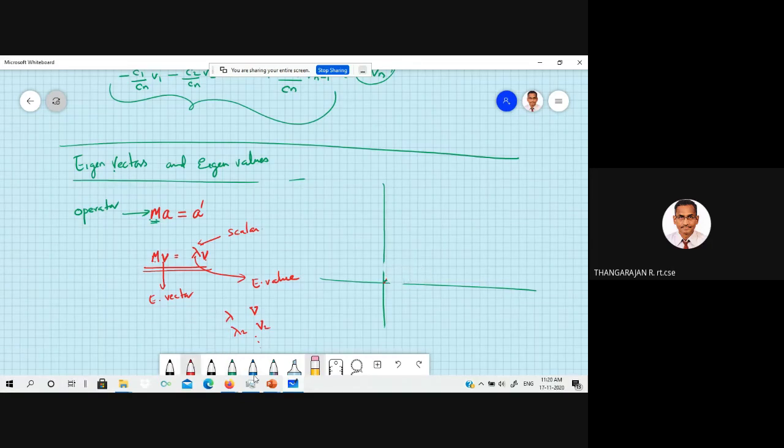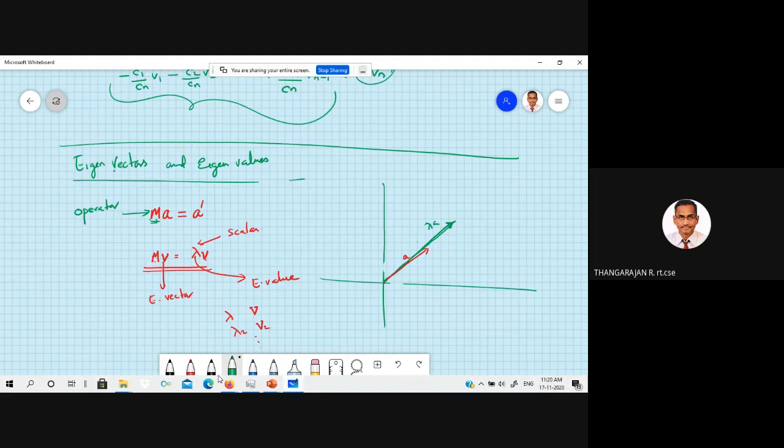Say, for example, you have a vector A. Now I multiply this vector A with a matrix M. As a result, A is only elongated, but the direction stays the same. It is now lambda times A because of the matrix operation on A. The direction has not changed, only the length of the vector A has changed.